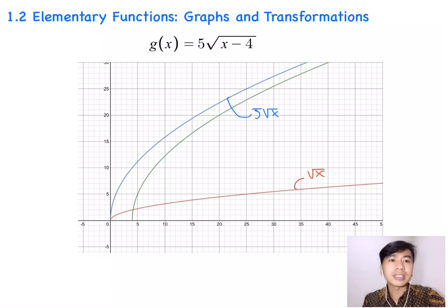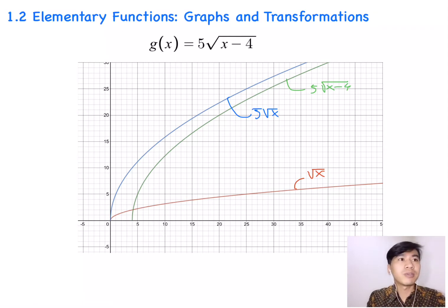It means it has a transformation of 5 times in the vertical direction. And then the last one, to achieve 5 square root of x minus 4: from 5 square root of x, it will be translated 4 units to the right. Okay, so this is the graph.